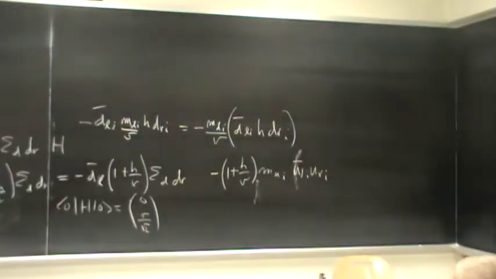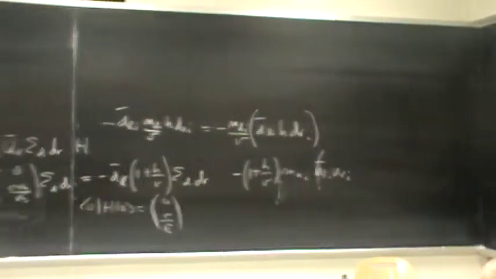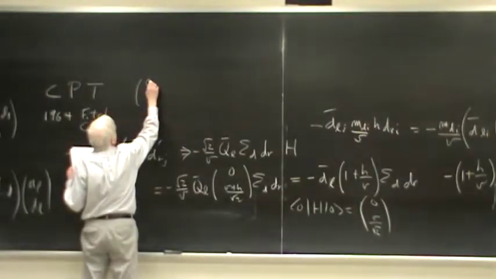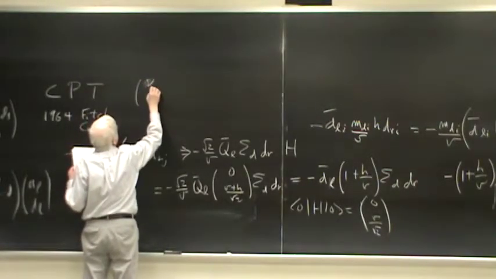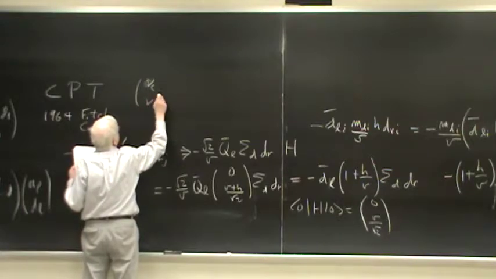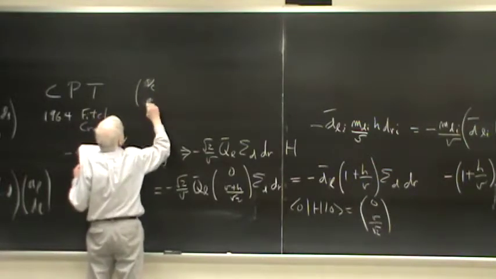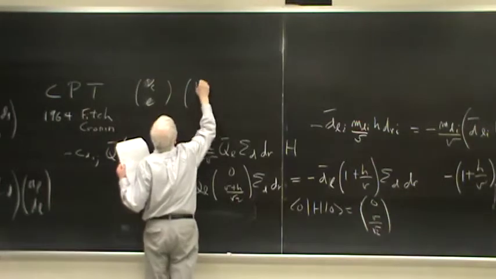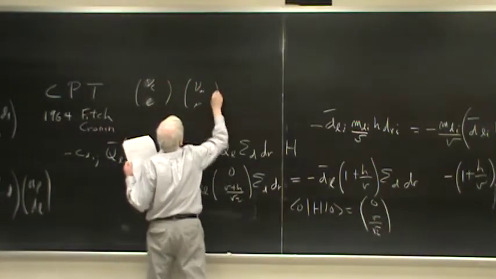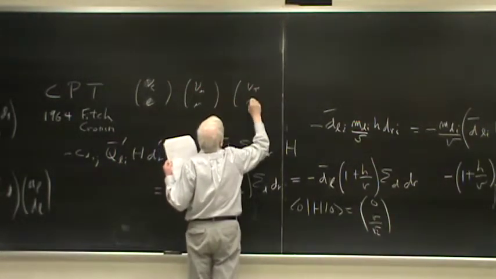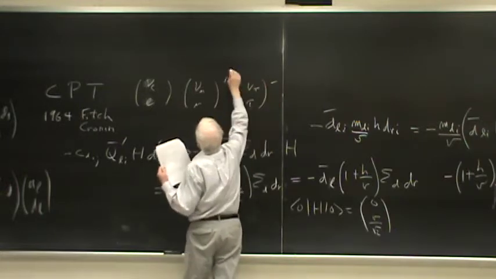Now, for the lepton masses, we first of all have the charged leptons. And so here we have nu e, nu mu, nu tau, and all this is flavor.